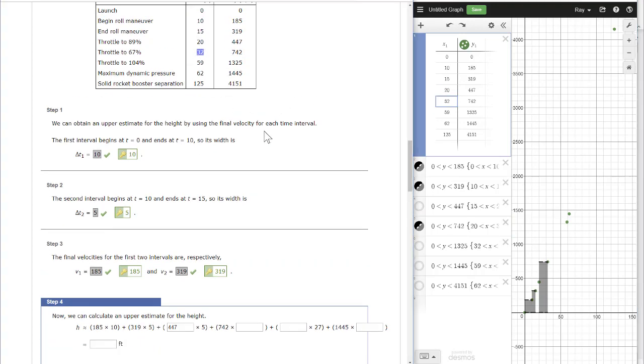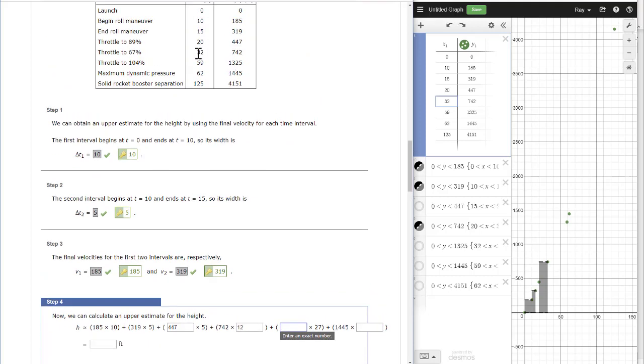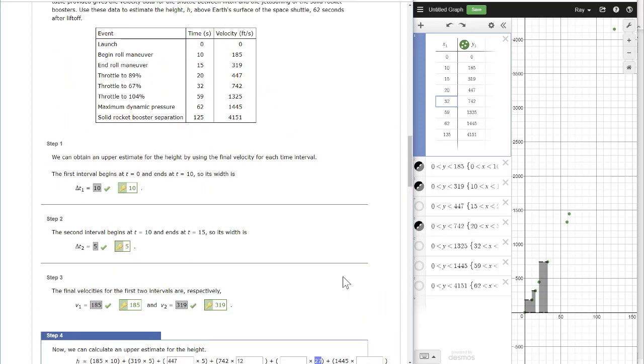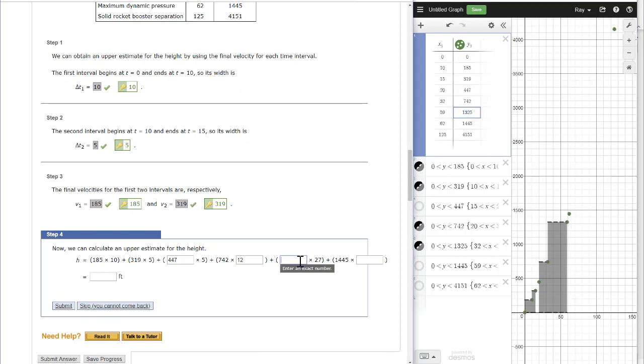We want to subtract to find the difference, and the difference there is going to be 12. For the next one, from 32 to 59, the difference is 27, and the height we're using for that is 1325.